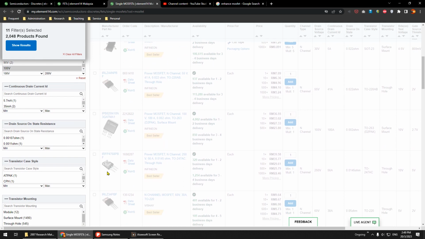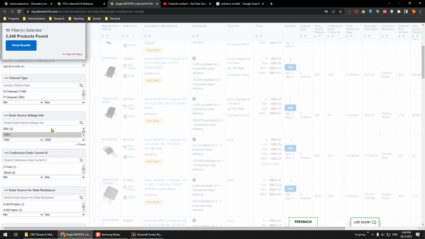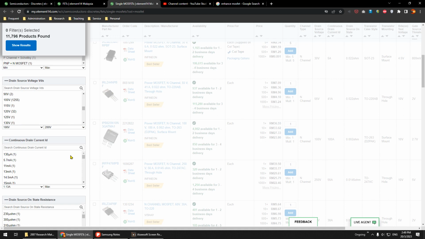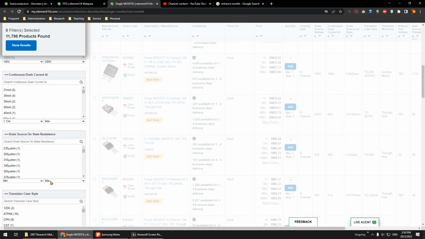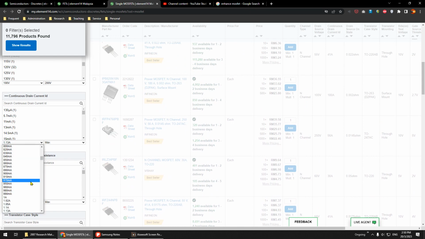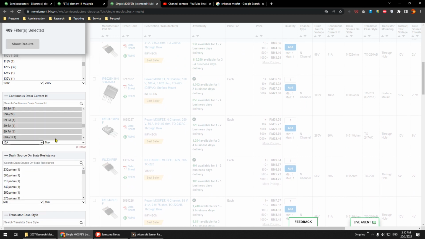So you have the voltage, and then you have the current, 10 ampere. Search for 10 ampere. And then the maximum is, where's the 10 ampere?